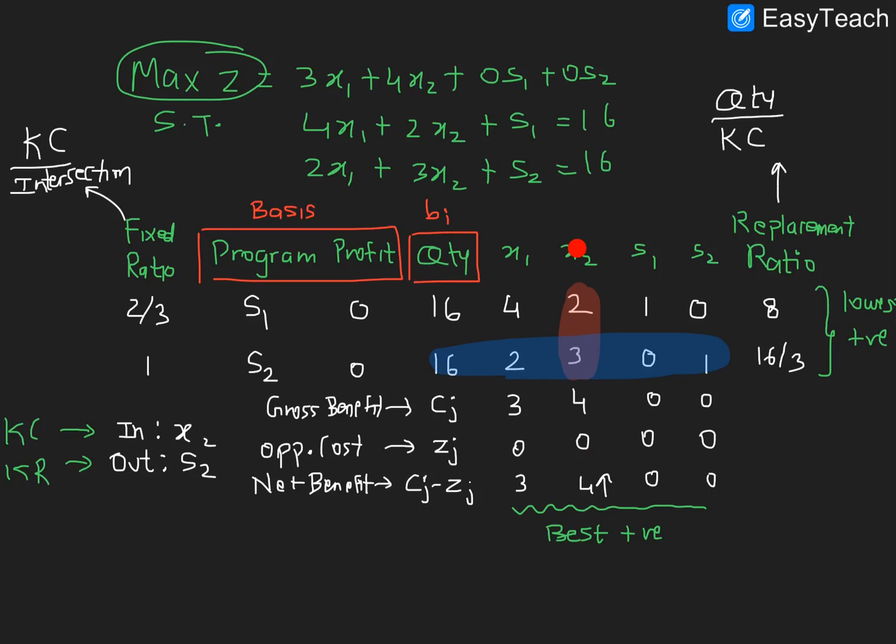So we said let's produce x2 by fully sacrificing s2, and then see what happens. Let's go for the next table, the second simplex table, which will make us closer to the final solution.